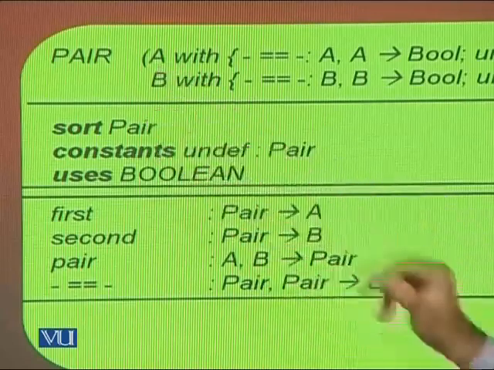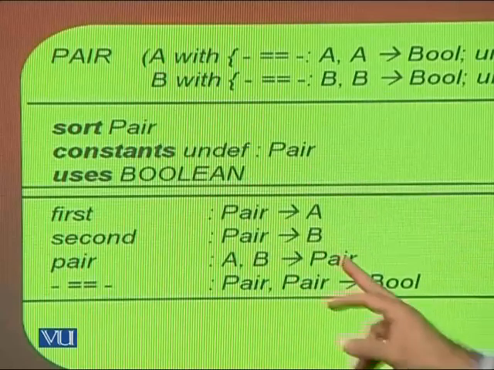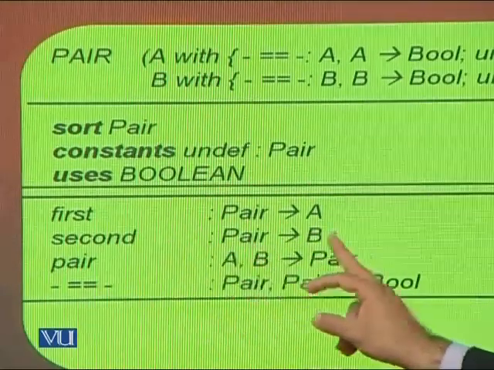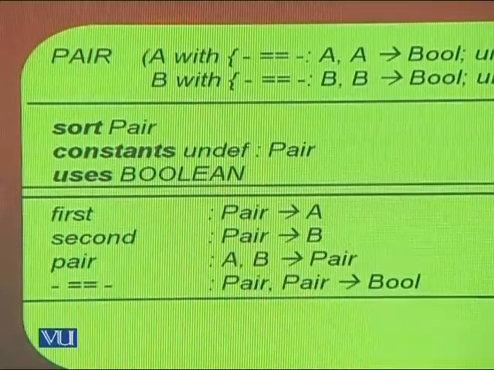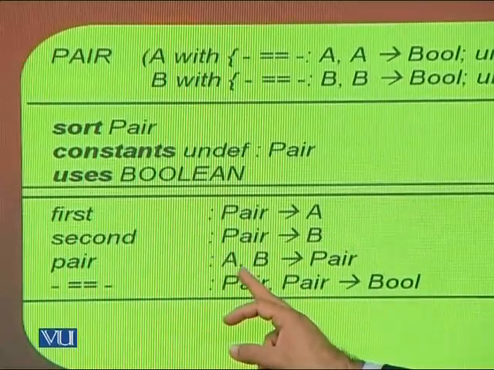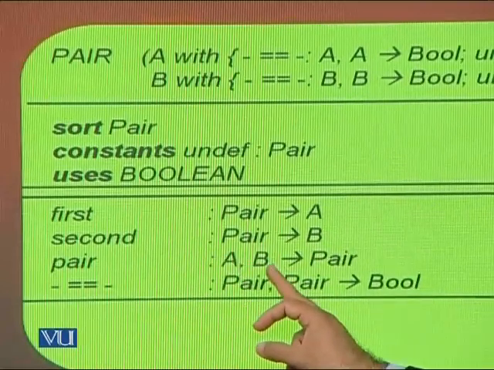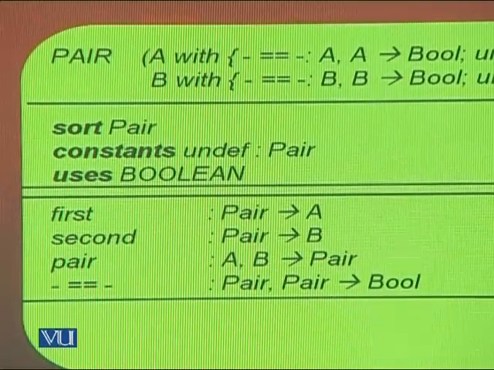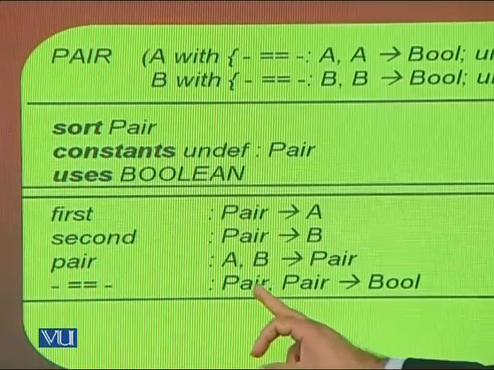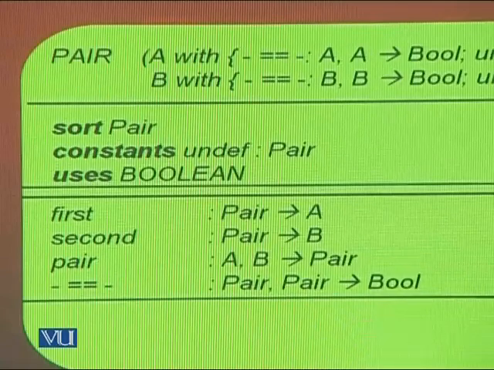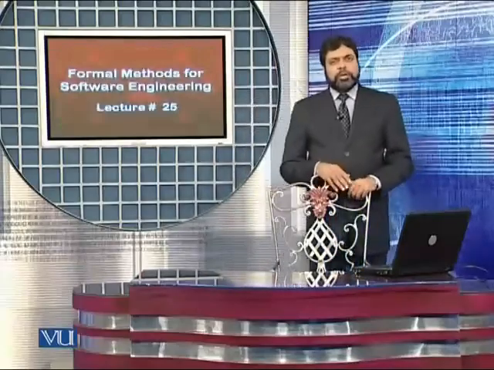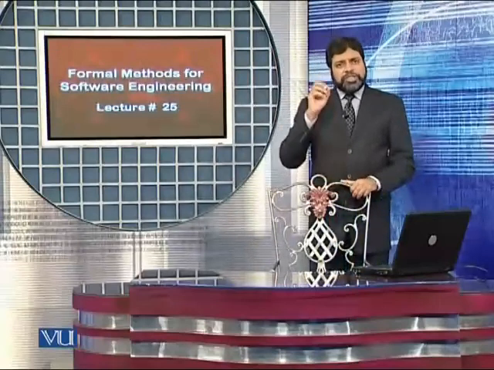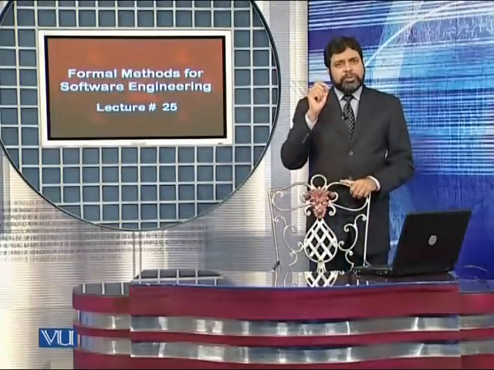So something of type A. Second returns the B back. I can take A and B and I can create a pair of these, and I can compare these two pairs. So here we are talking about, once again, a generic specification.